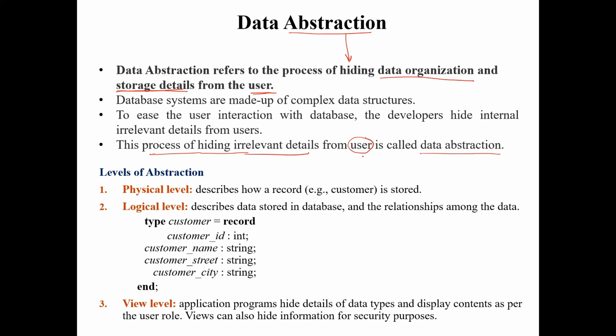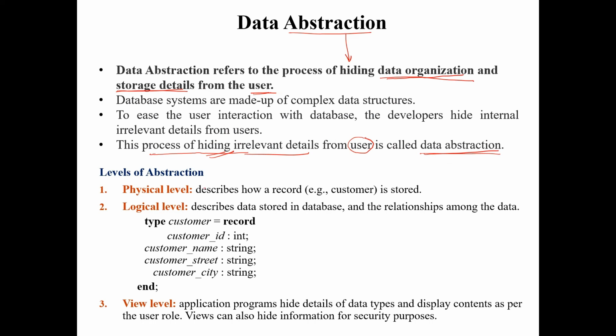Or if the user is an application programmer or developer, then the developer requires this data. But as an end user, we do not require these details about data organization and storage, so we hide this data from the user. This process is called data abstraction.